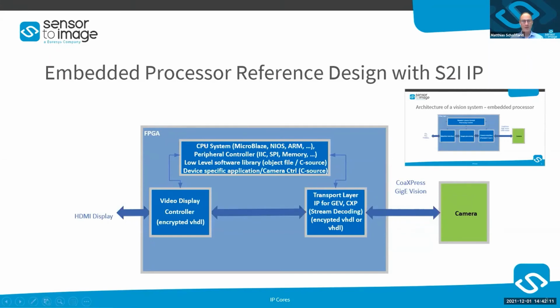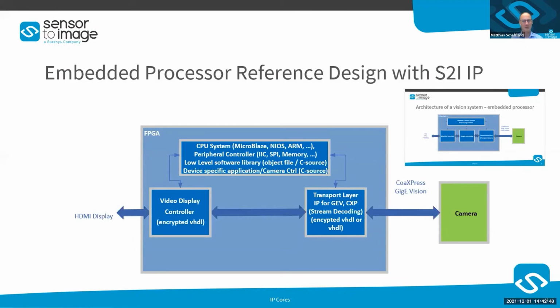On top of that, again, we have this CPU system, and compared to the camera system, this system is responsible for controlling the external camera, so something like discovery or speed detection or setting the exposure time and stuff like that. This is all done on that CPU system, and typically in C or a higher level language, so it's not needed to code in VHDL how to communicate or how to set the exposure time of a camera.